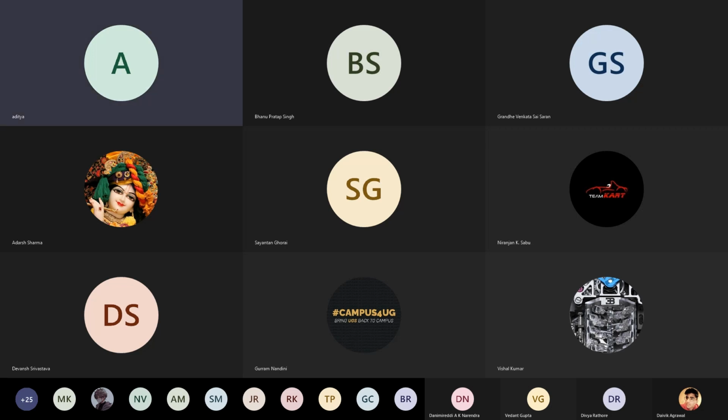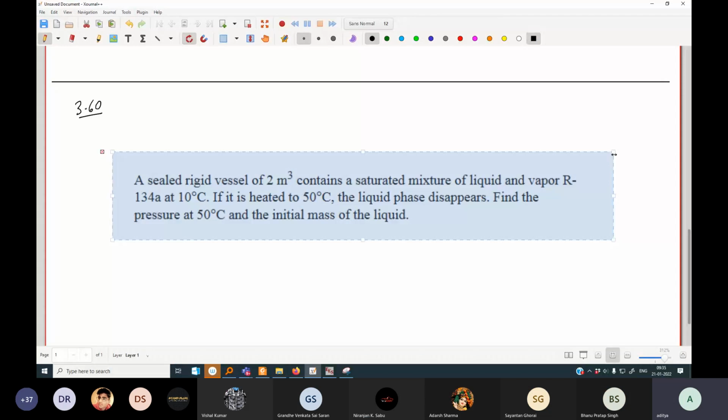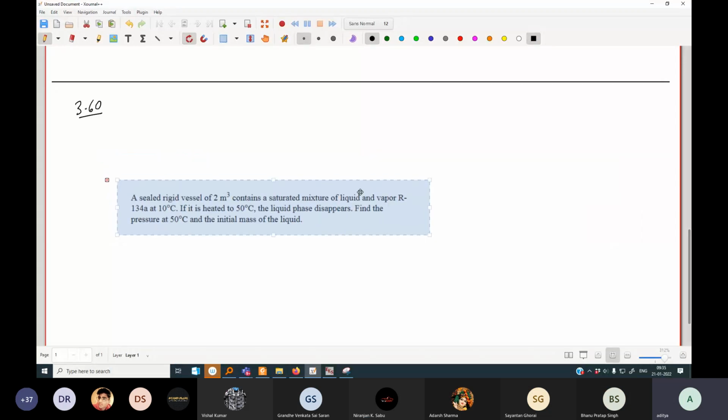There are no hotkeys. I would have really liked if there would have been hotkeys for everything.